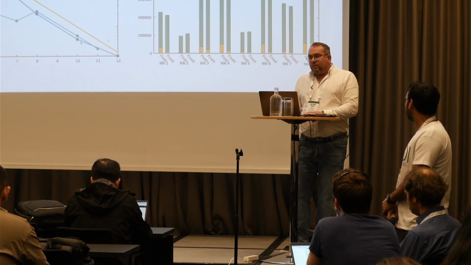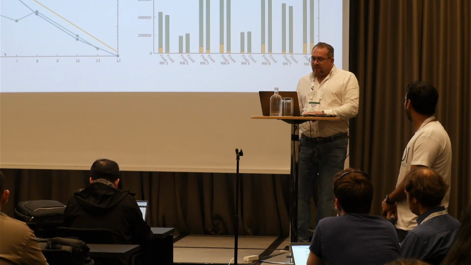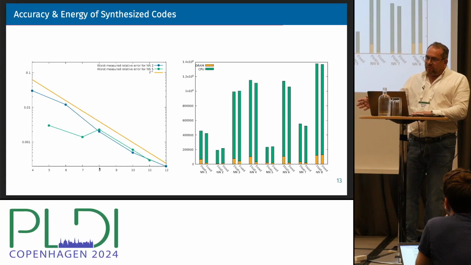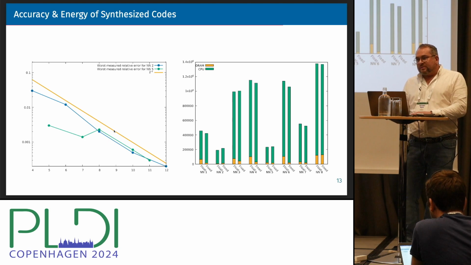Yes, this is the accuracy threshold set by the user. I say I want to have 6 or 8 bits correct on my results. And this is the measured error on some executions. So if I want to have 9 bits, the error must be less than 2 to the power minus 9. So this is the green curve. If I am above, I am wrong.